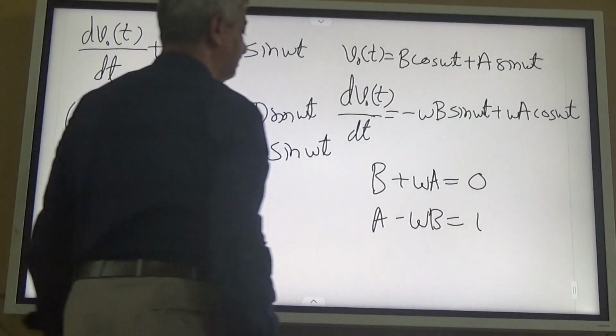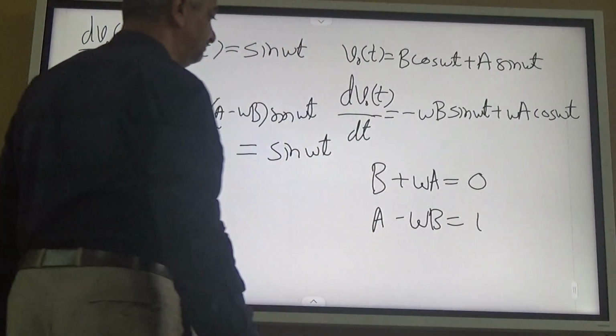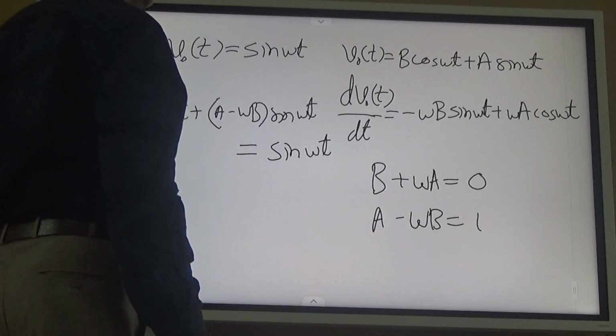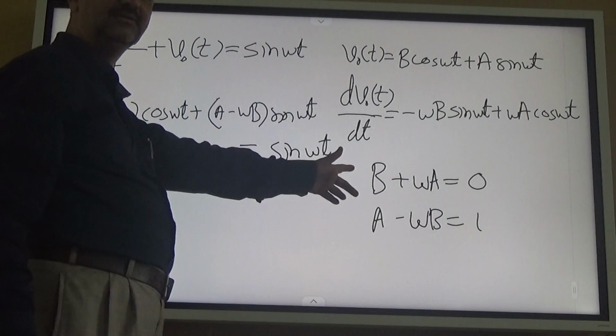Now how do we proceed further? There are two simultaneous equations.